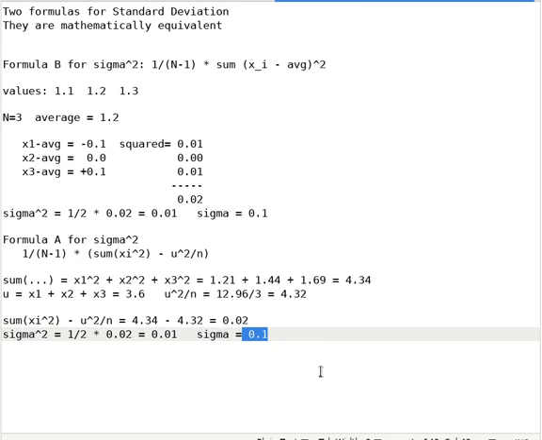Okay, so both algorithms, both formulas work. Ultimately you end up with that same difference. In the one formula, you've got a lot of small differences that you added up, and that's how we ended up with the 0.02.